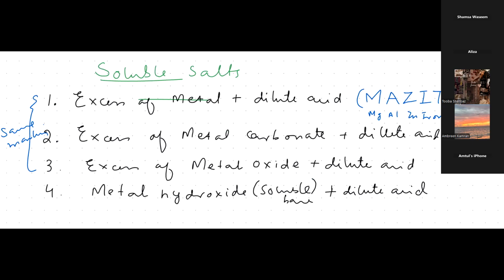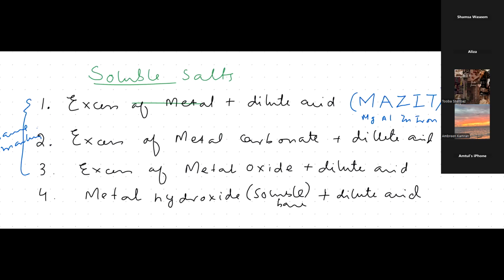Yes. Okay. Second method we could use is to make any soluble salt except group 1 and ammonium. Any soluble salt can be prepared using this method except group 1 and ammonium salt.